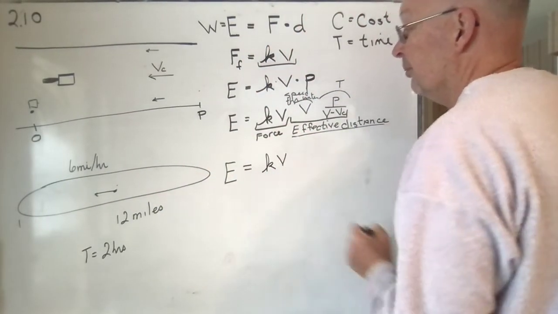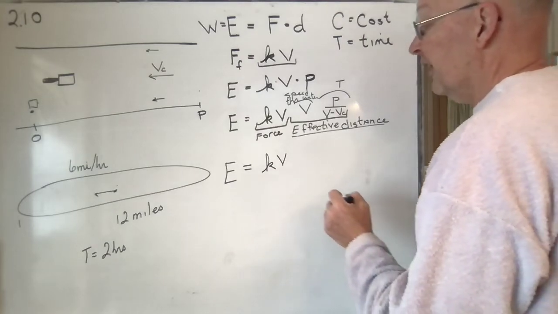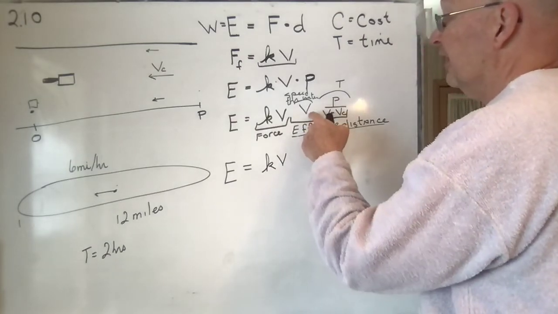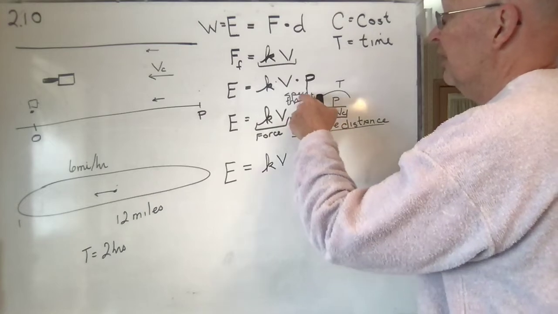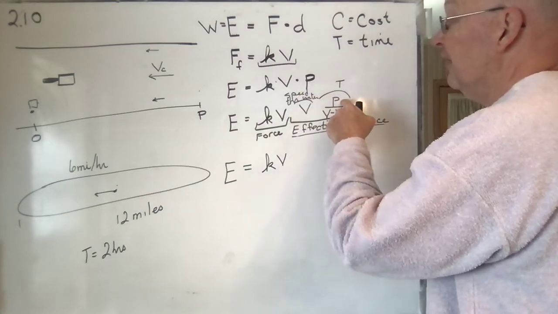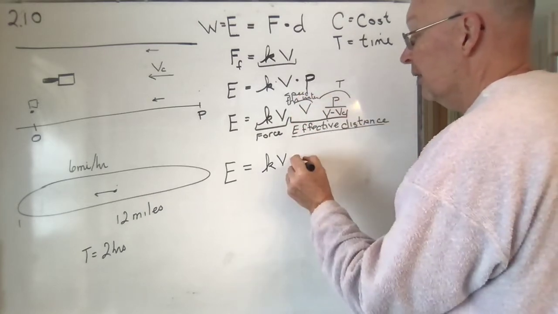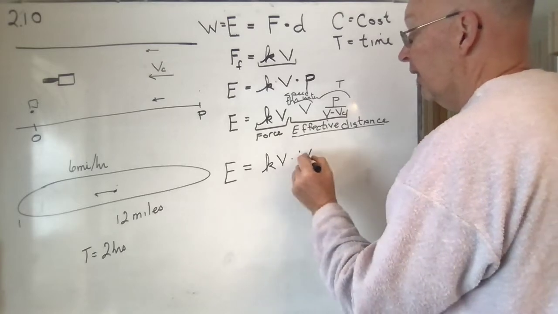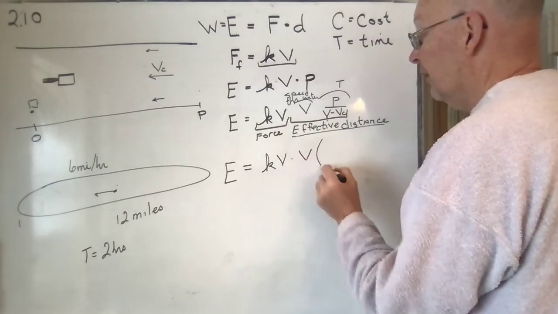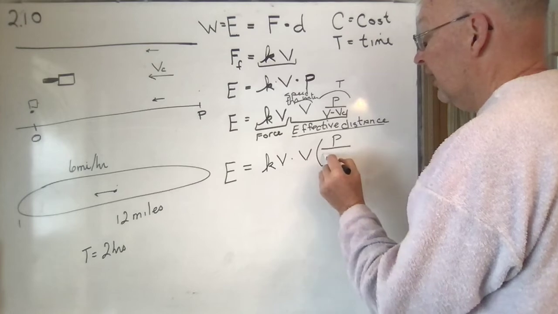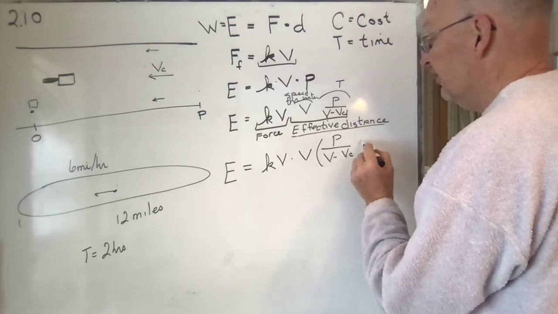That's the force, times your effective distance. And your effective distance is going to be your speed times the time. And your speed is v, and the amount of time is p divided by v minus vc.